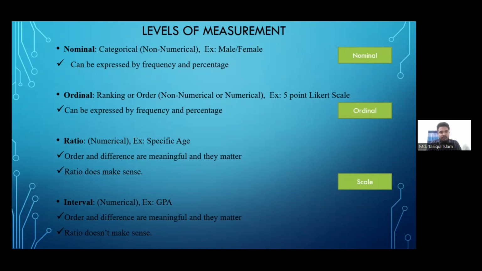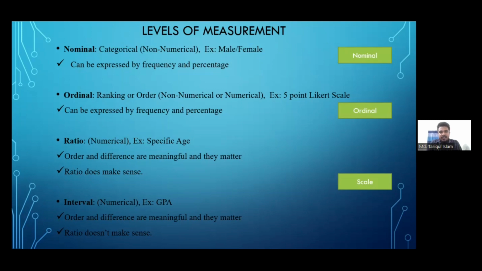The first is nominal. Nominal measurement is categorical and non-numerical. Categorical in the sense that, if you recall our questionnaire, there was a question: what is your gender? In gender, there are two categories, either male or female.